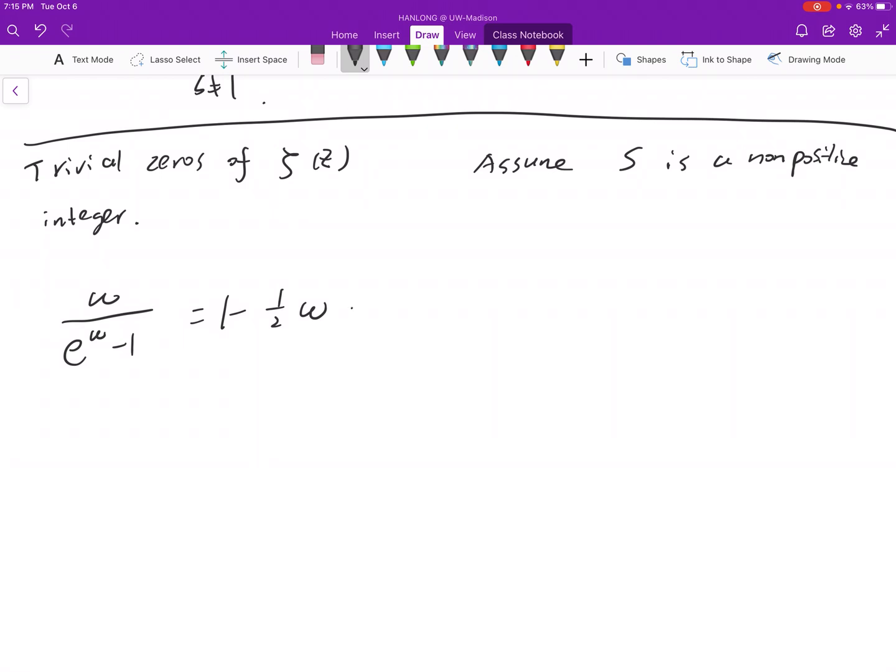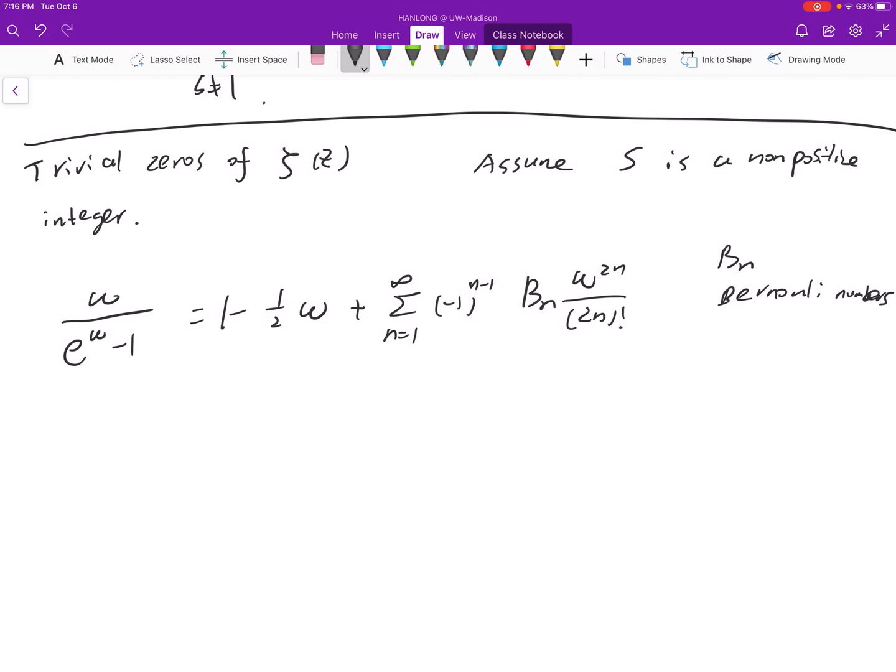We find the first terms are 1 minus half omega. Then you have the so-called Bernoulli numbers.